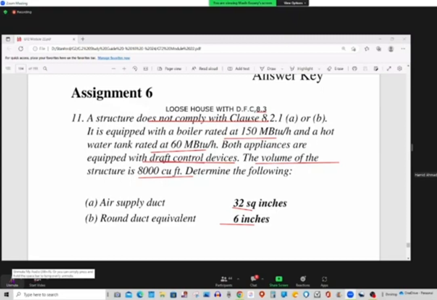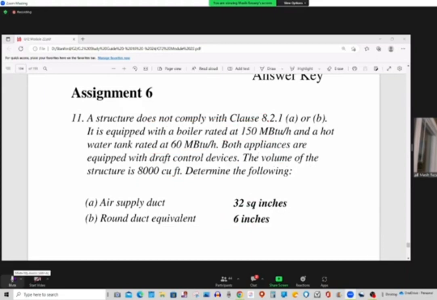So 210, you look under 200, 225, and you go down to 8,000. It's going to be 32 inches square. Then you go to table 8.1 on 32. Do you see 225 BTU is 32 inch? Then the next one is 6 inch. Thank you, sir.